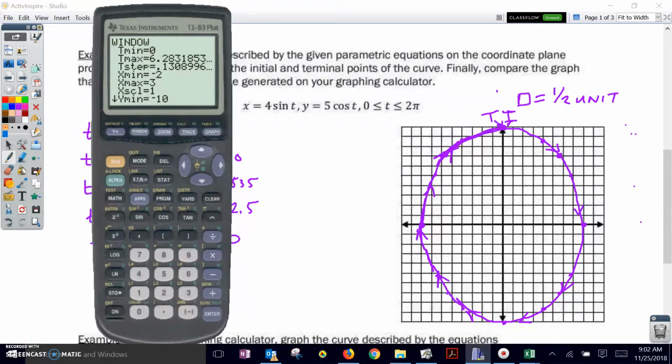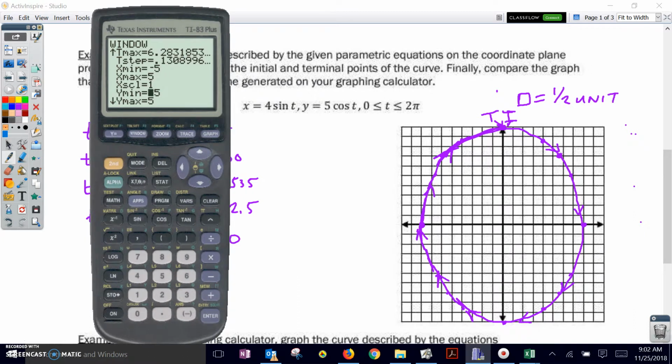The bigger it is, the less accurate and quicker it's going to be, and I'll show you a few different t-step values. And we graph this in the window from -5 to 5, and -5 to 5.